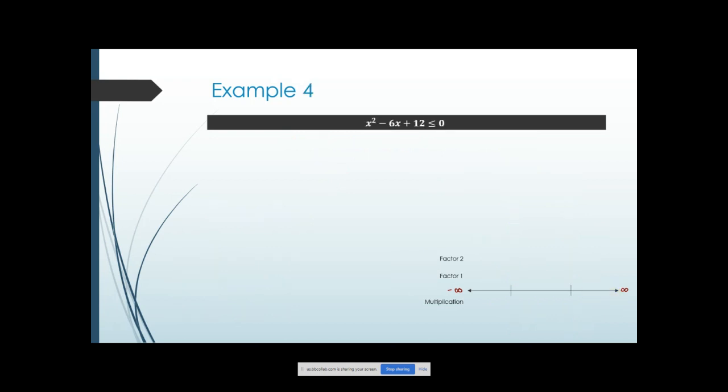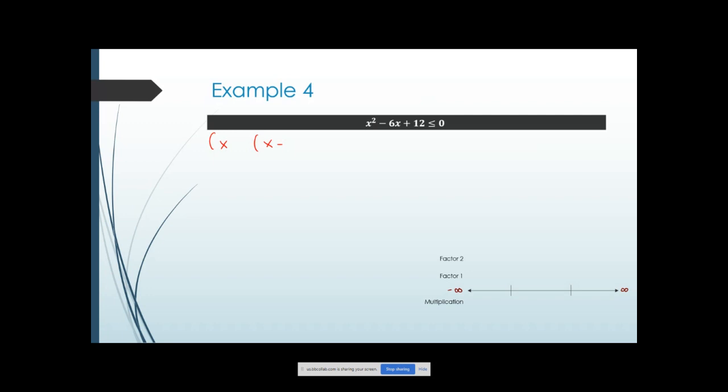Okay, now example 4. So this one, we have less than or equal to 0, and we need to factor this one. So we've got x squared minus 6x plus 12. So it factors to x minus 4 times x minus, nope, 4 times 3 is 7.